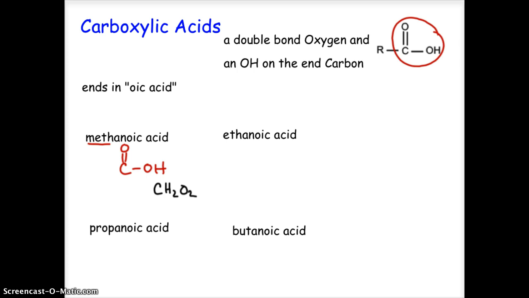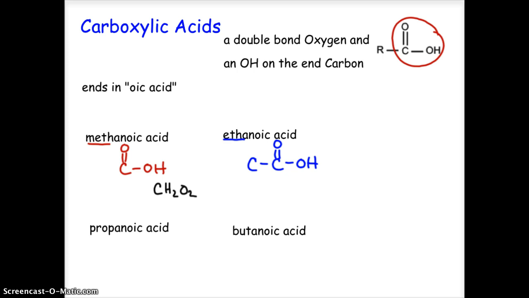You could have a structure like ethanoic acid, eth standing for 2. You know that it is an acid, so 2 carbons, double bond oxygen, OH. That is ethanoic acid. This has a common name. Ethanoic acid is also known as acetic acid, or it is commonly known as vinegar.